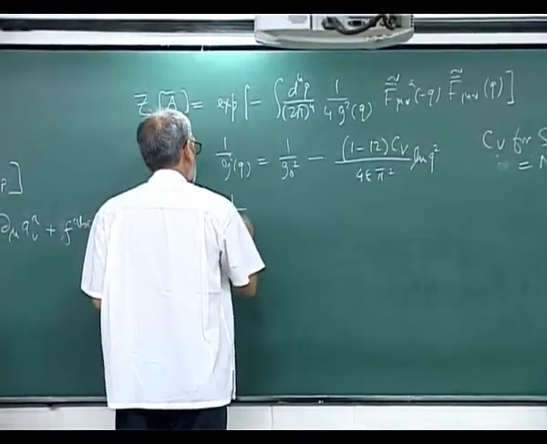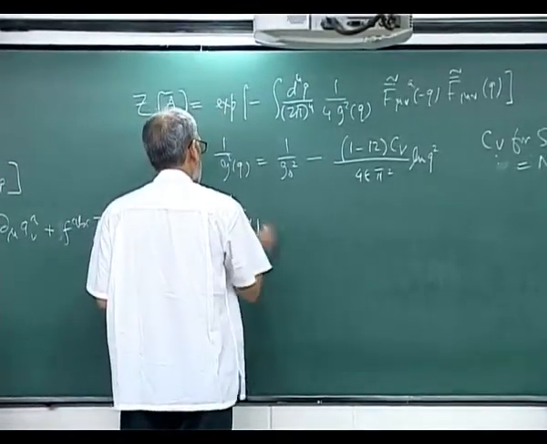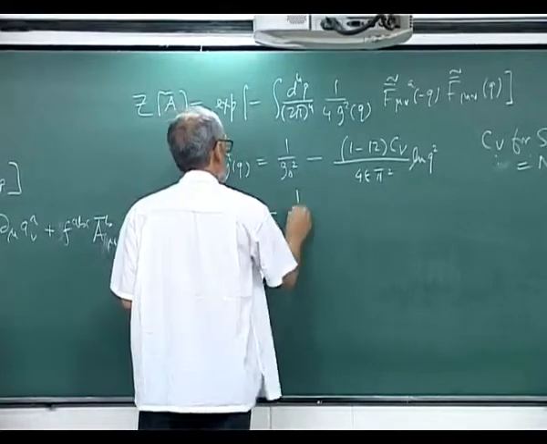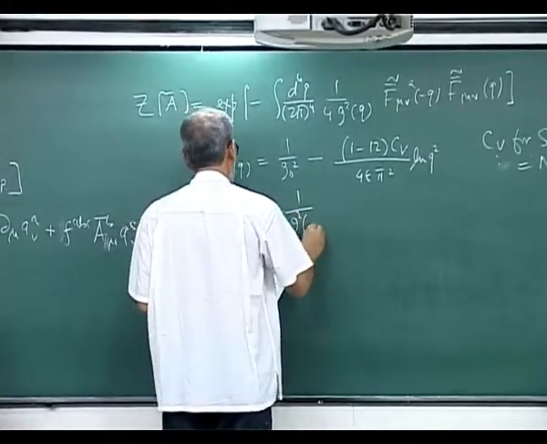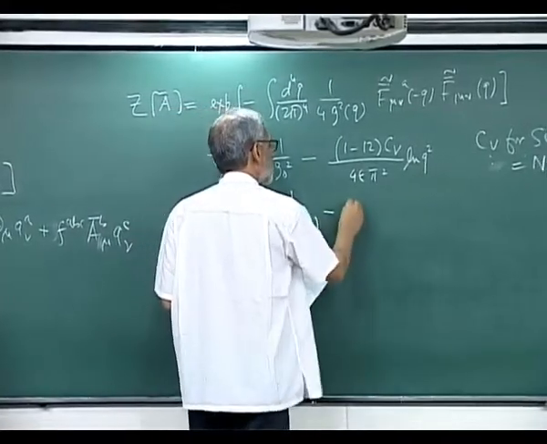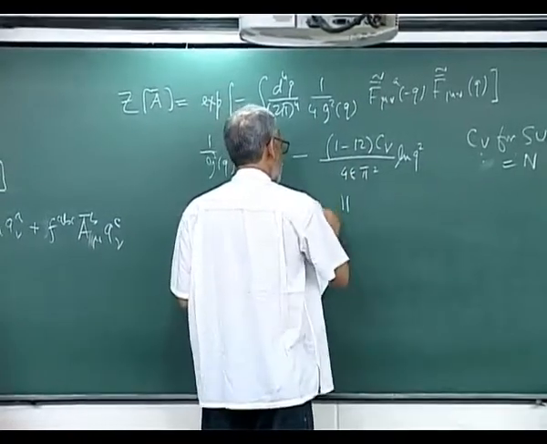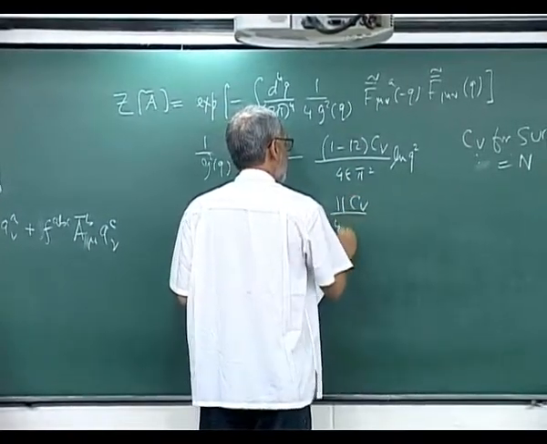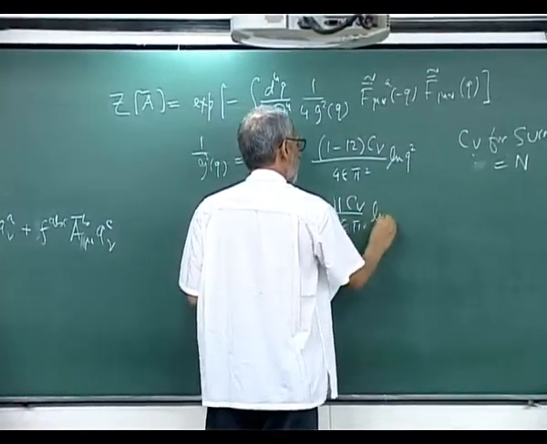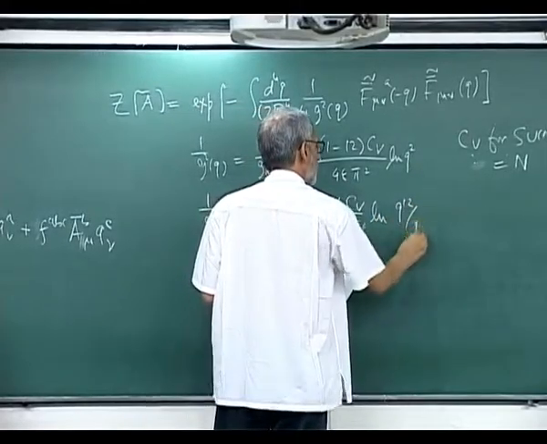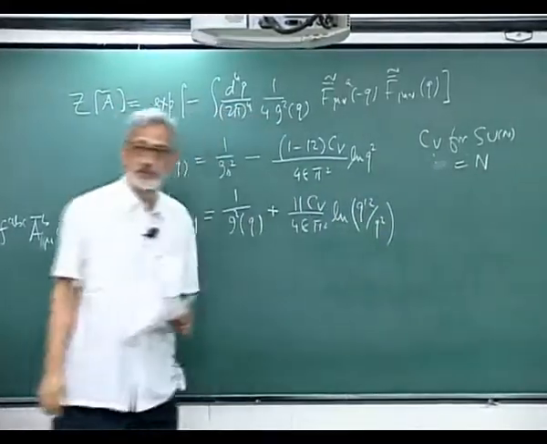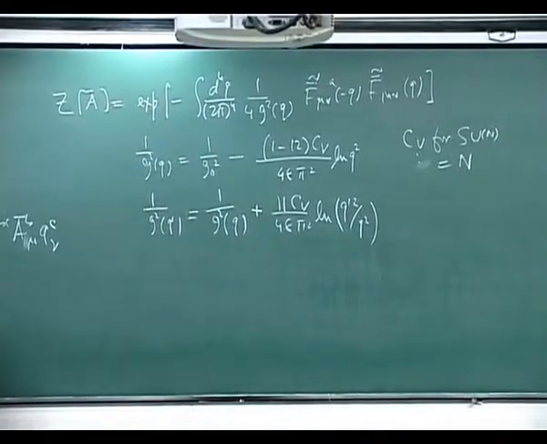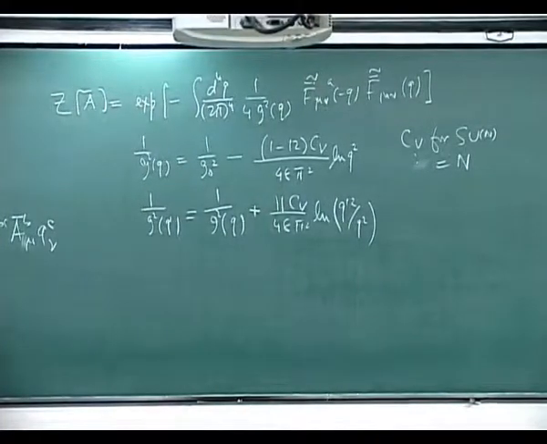This equation I could alternately write as 1/g²(q′) is 1/g²(q) plus 11 C_V/(48π²) log(q′²/q²). So that's how the coupling constants at two different momenta are related to each other.